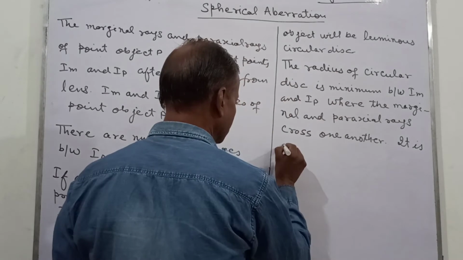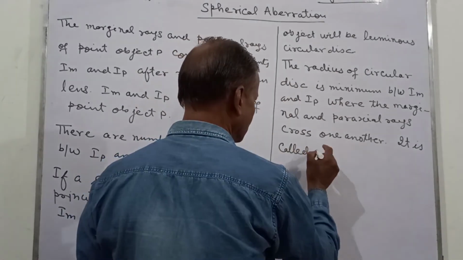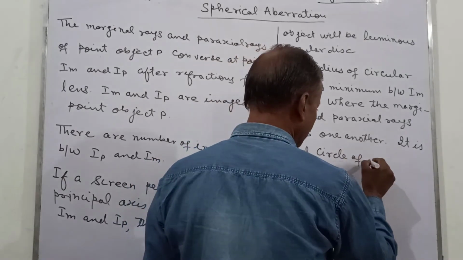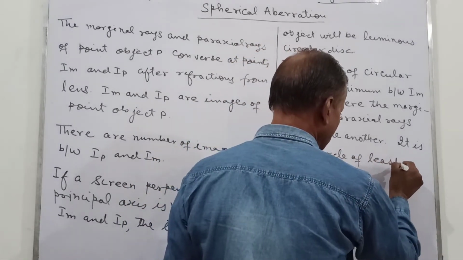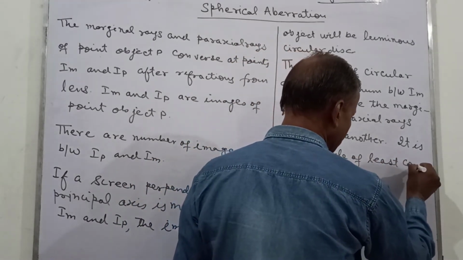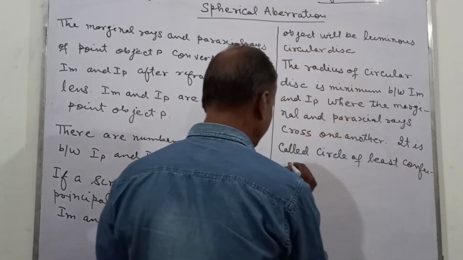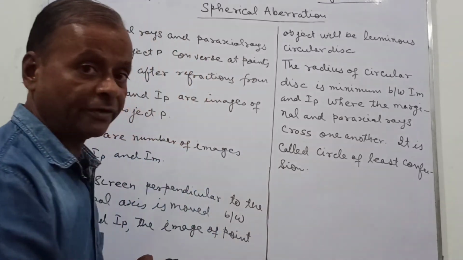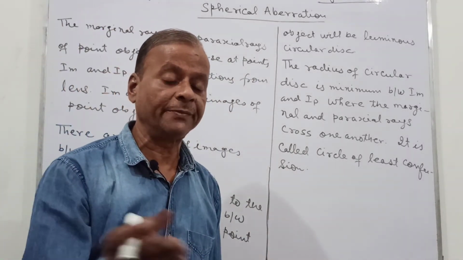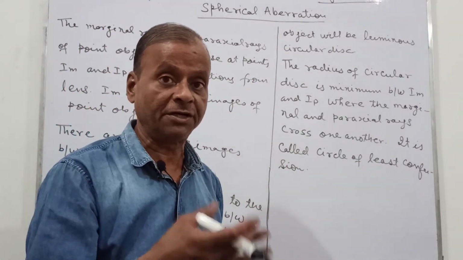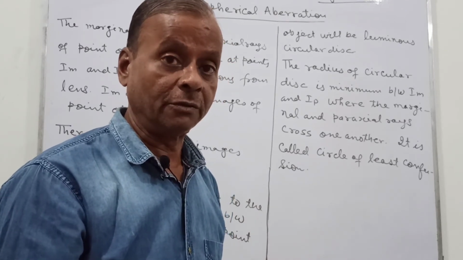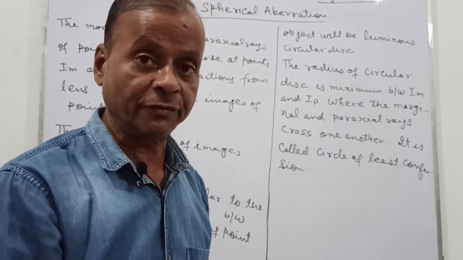It is called the circle of least confusion. Now, why is the word confusion taken here? Because we are having a number of images, a number of circular discs. So now the question is what should be the exact one?